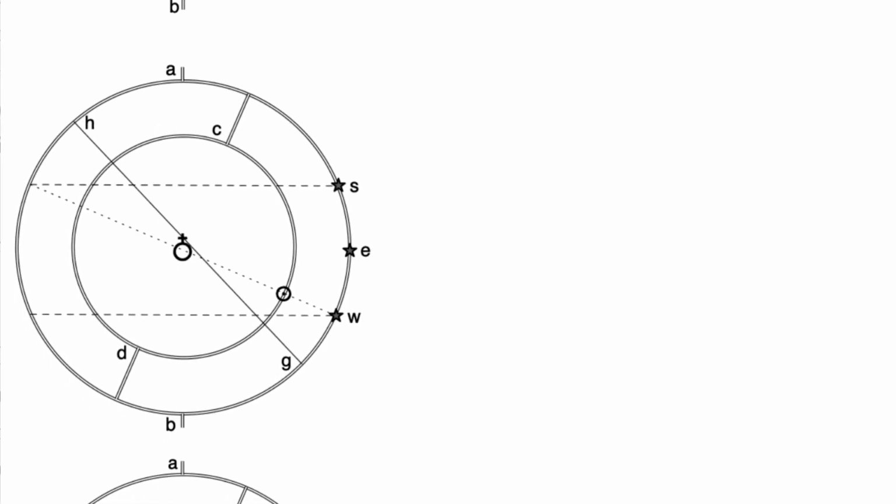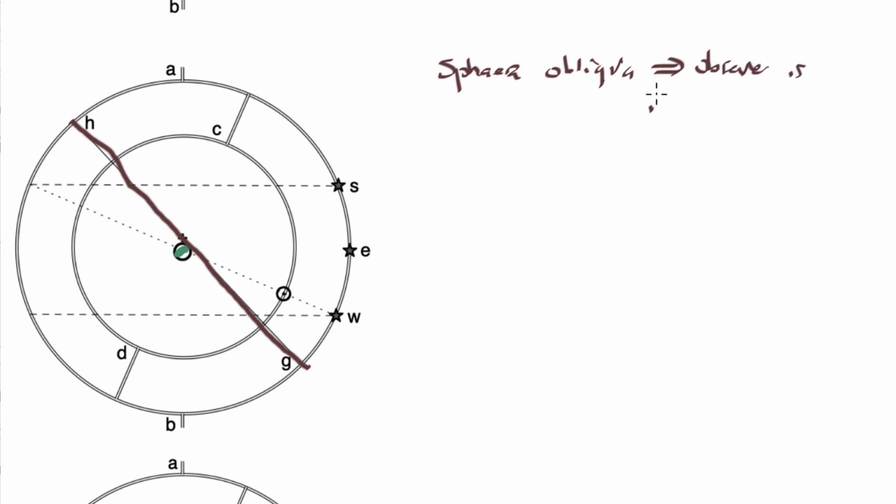Jumping to the next diagram, once again, we have the Earth located at the center, but now we have a case where the horizon is tilted at this angle. So this is the case of, as Ptolemy would call it, sphaera obliqua, which means that the observer is in the northern latitudes.